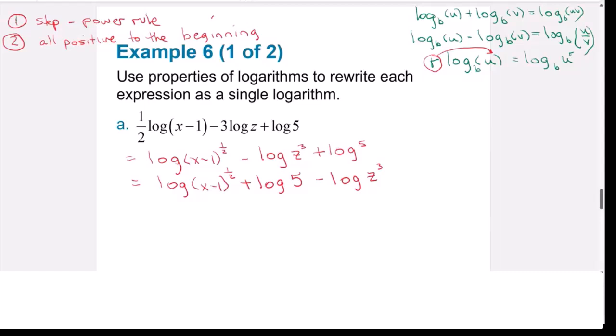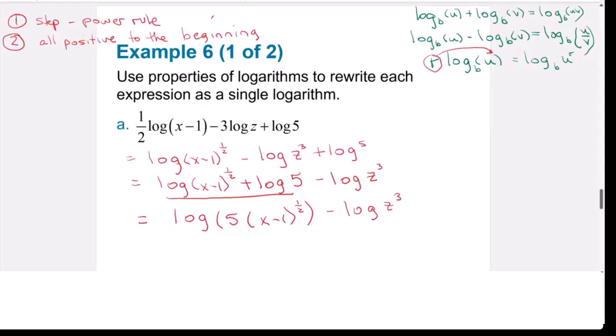Because now I know these two are multiplied together. This becomes the log of 5 times x minus 1 to the 1/2 minus the log of z cubed.